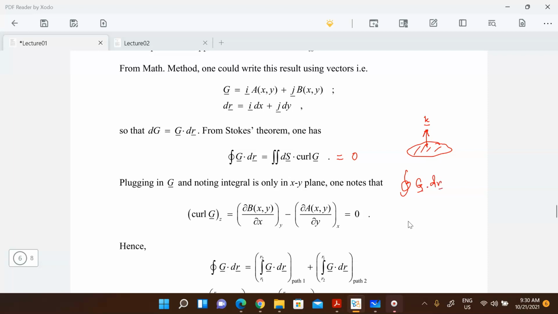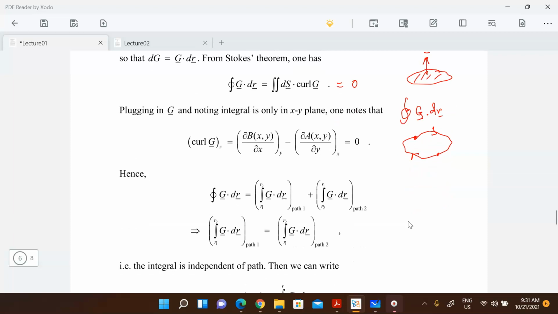a loop around a certain loop here, for example, and then I can break it into two parts. There's path 1, and then there's another path 2. So that loop integral is now broken into two paths. Say this is R1, this is R2.